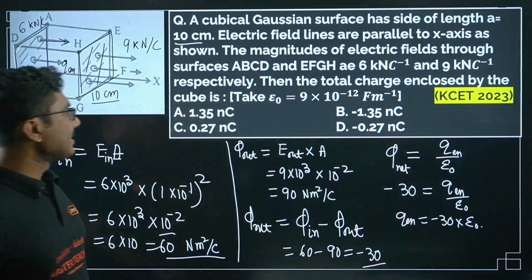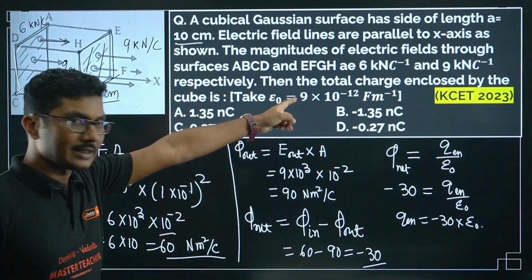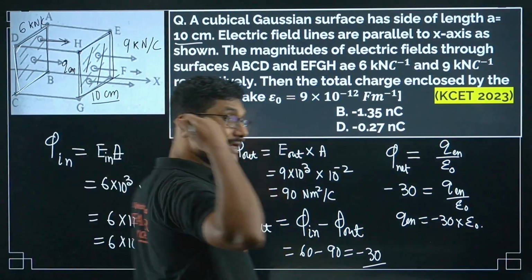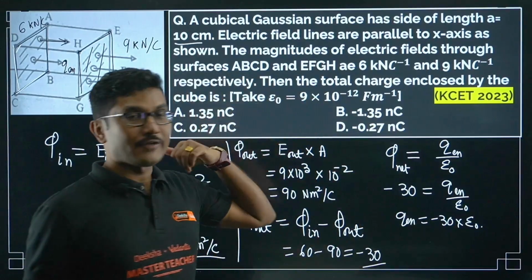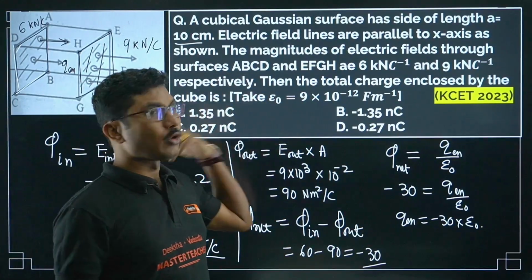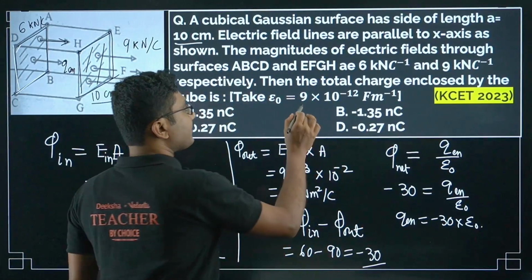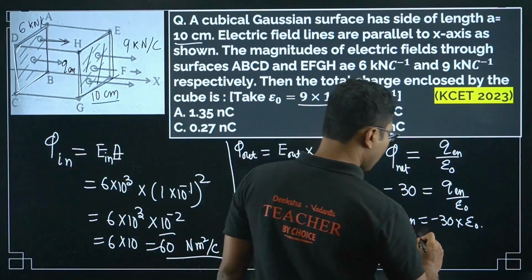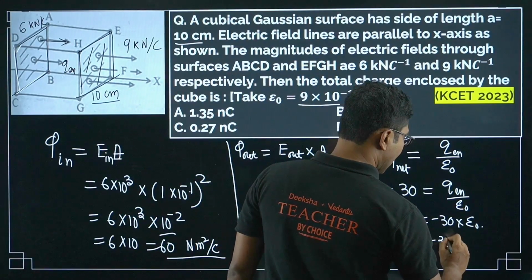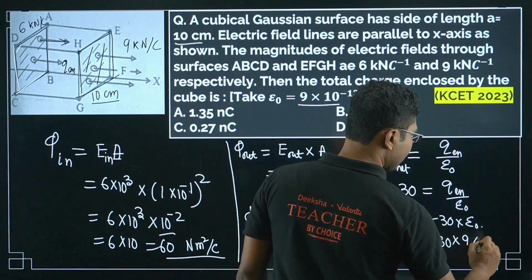Now what is the value of epsilon naught? It is given in the question itself. As I said in my previous lectures as well, if the epsilon naught value is required, they generally provide it in the question itself. So the epsilon naught value is given as 9 into 10 to the power of minus 12. You can also approximate this value for your solution.